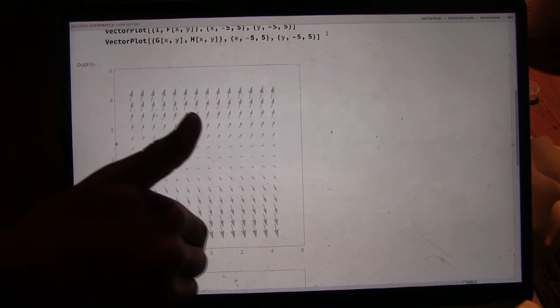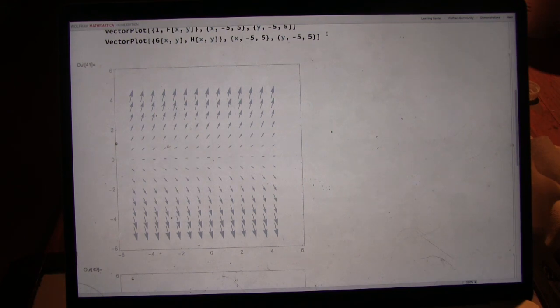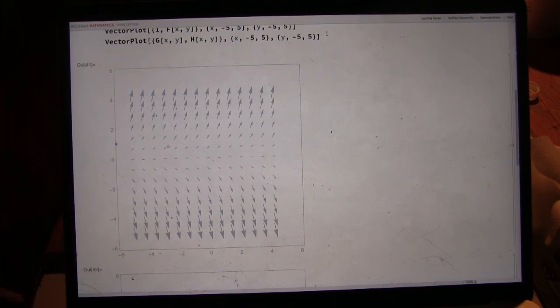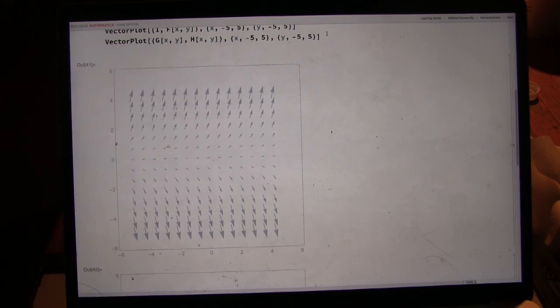The 0 is going to go right to the middle here. Then it's going to curve down steeply, then less steeply, getting to 0, then going up shallow, then steeper and steeper.